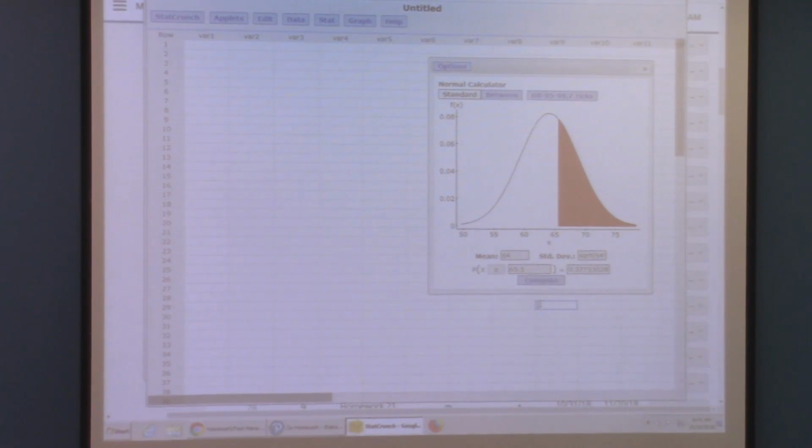So what do I need to do? How do I change this area? Fewer than 66. Less than or equal to what here? 66.5? Think about it. It's a little tricky.